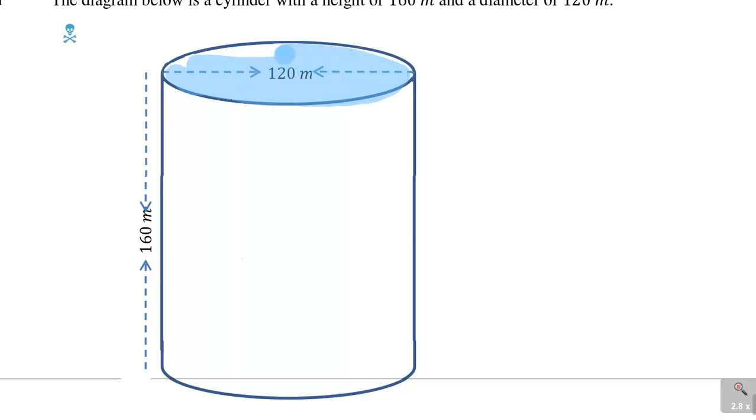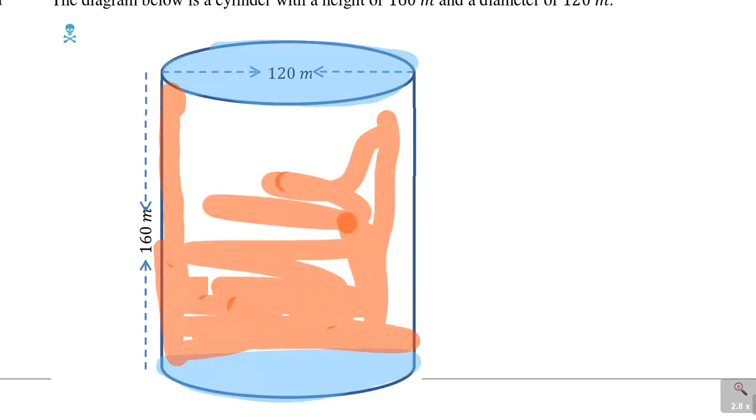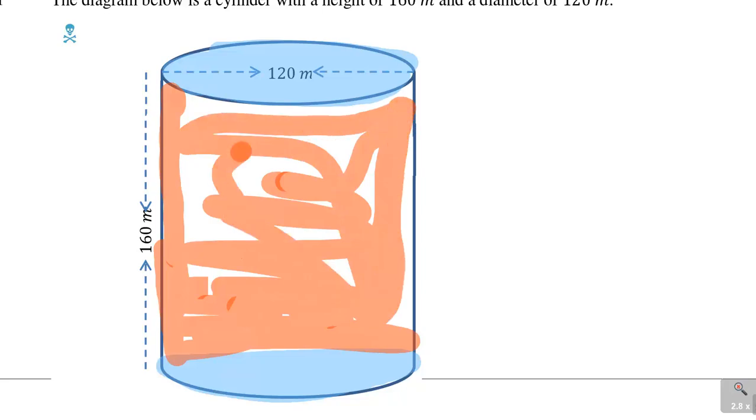You can paint it if you are painting it. And then also we have a bottom here, which is hidden because of the cylinder. And then you have the body of the cylinder here that is rounding. So I'm going to separate it with that. So this is the body.